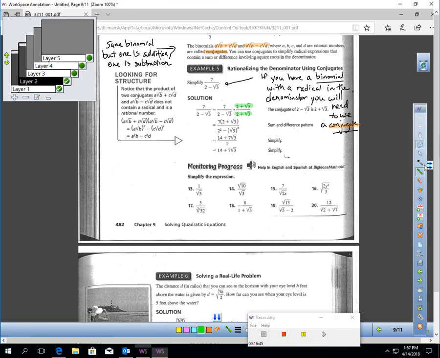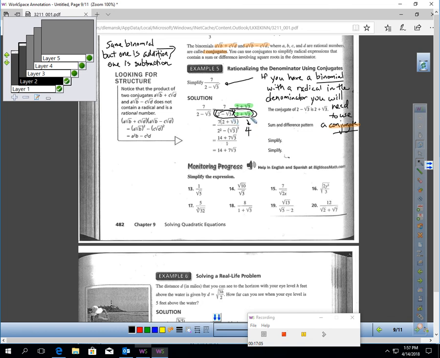Now you might be like, why do I do that? Okay, well let's focus down here on why I'm doing that. I need to double distribute, or do you notice the sum and difference pattern? 2 times 2 would get me 4. So in the denominator I have 4.